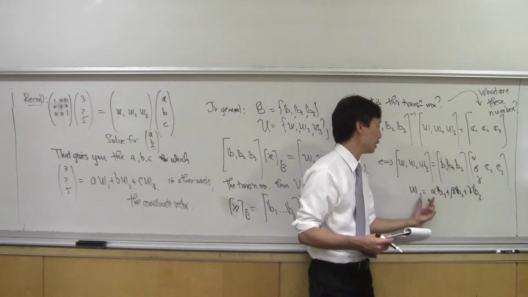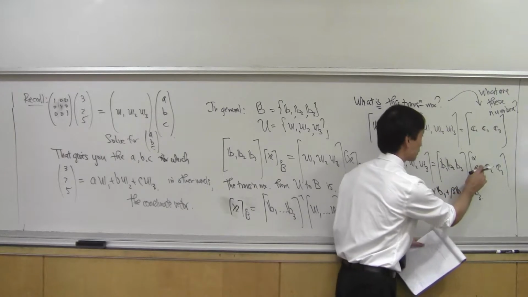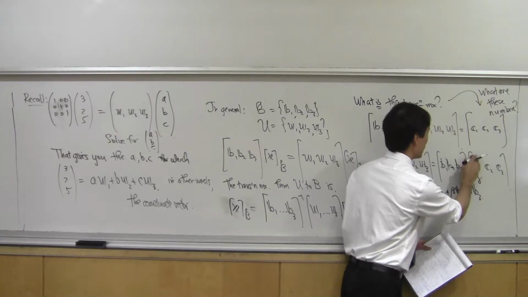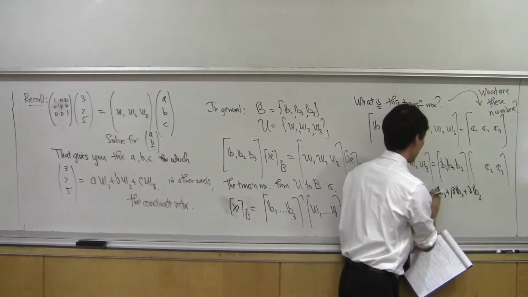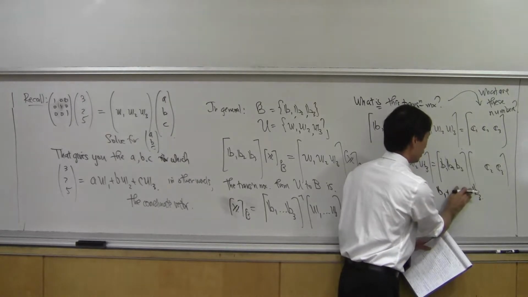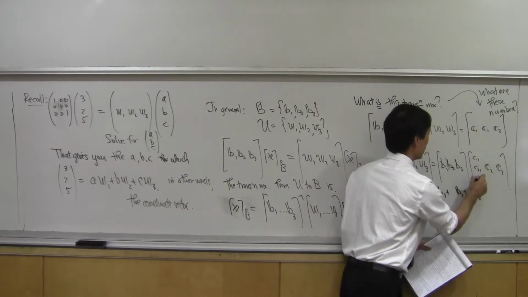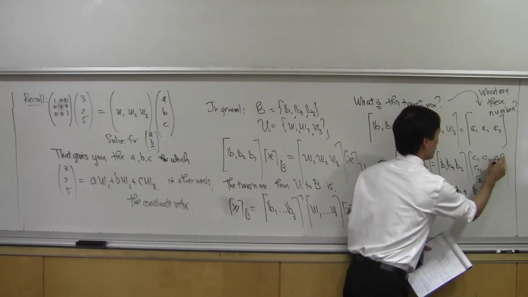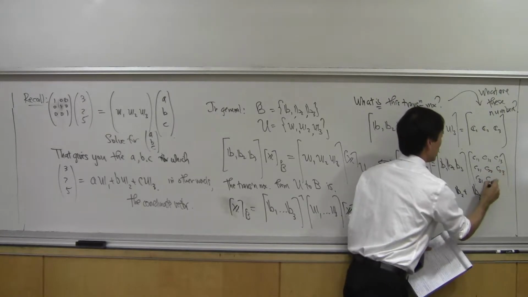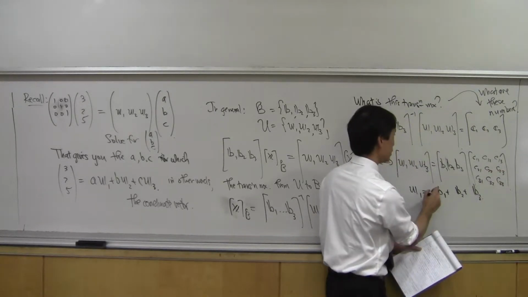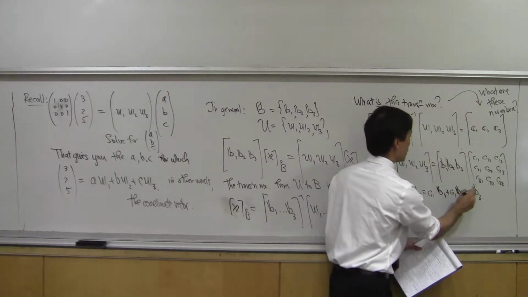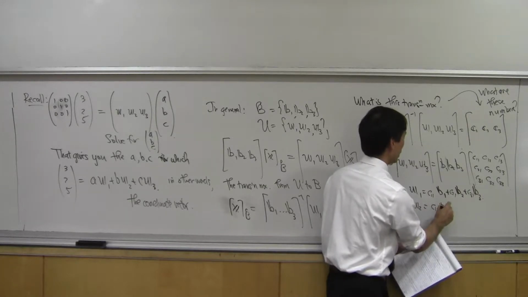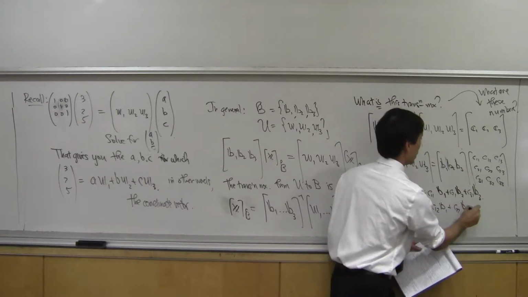If C2 is going to be, maybe I should call these guys, maybe I'll use the normal notation: C11, C21, C31, C12, C13, C22, C23, C32, C33. So we see that U1 is C11 B1 plus C21 B2 plus C31 B3. U2 is going to be C12 B1 plus C22 B2 plus C32 B3.